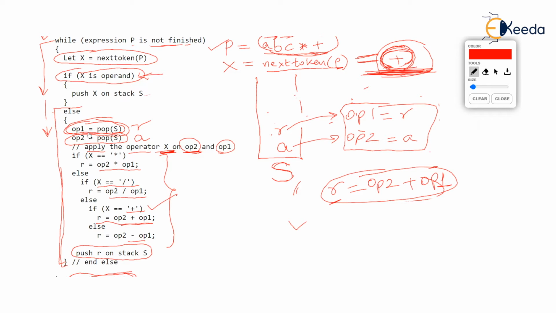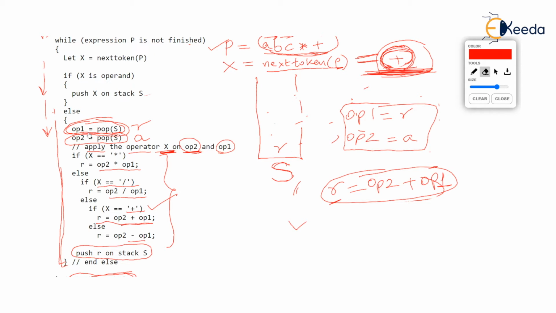So now what do you see on the stack? R and A were popped, so they are lost, but they were added. R was computed and R is pushed on the stack. I hope you're understanding. Now when we go back to while, it will say enough. While is going to break now, isn't it? Why? Because the expression is over. Check that plus was the last token.